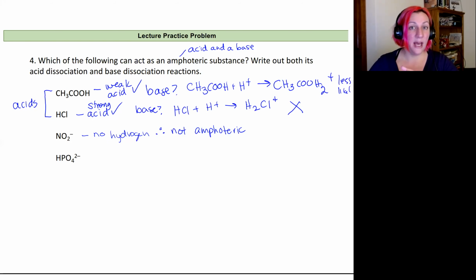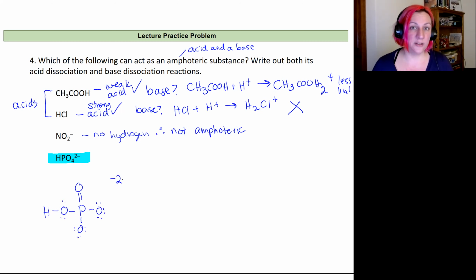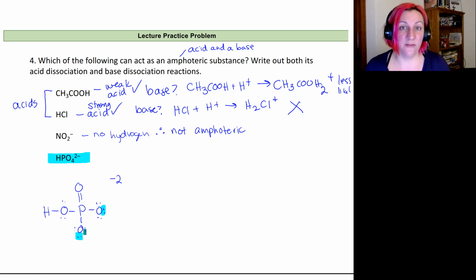The one compound that is a little bit clearer, and our best amphoteric substance of these, is HPO4 2 minus. I'm going to draw this out to demonstrate why it's more likely. This has an overall -2 charge, and so we have two places: these lone pairs on these oxygens with a formal charge of -1 are great spots to accept a hydrogen.